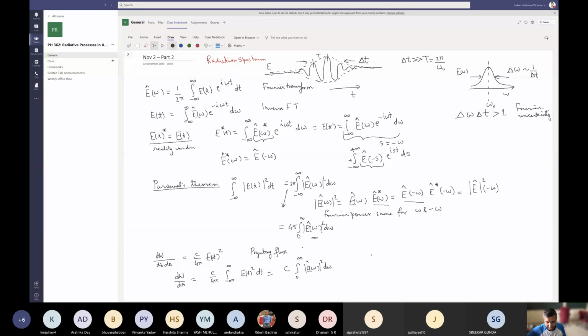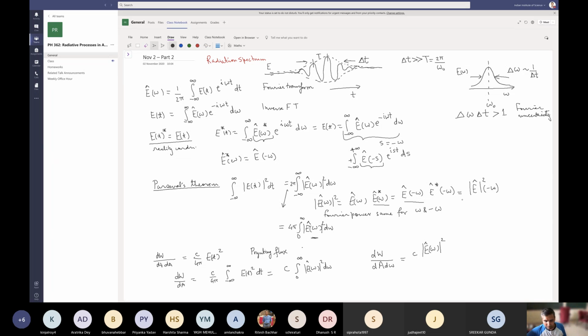Okay, and we can actually write then, just by comparison, the energy crossing per unit area, per unit frequency as C times E hat omega square.